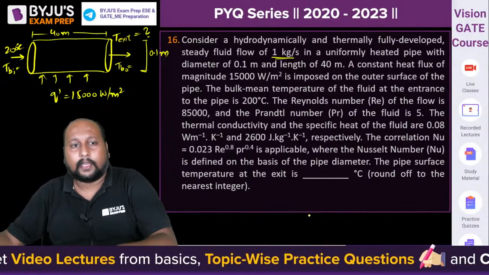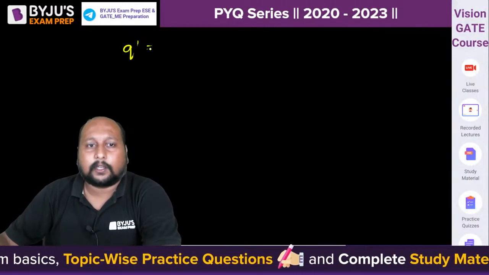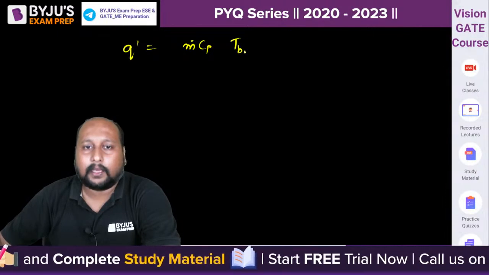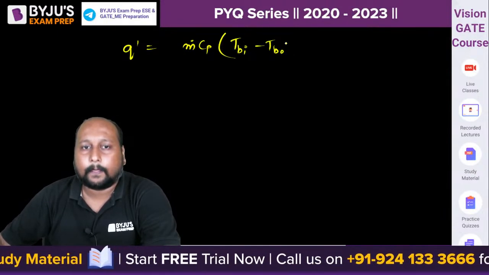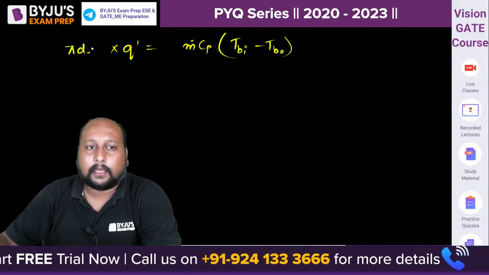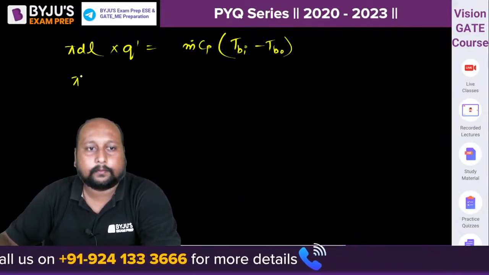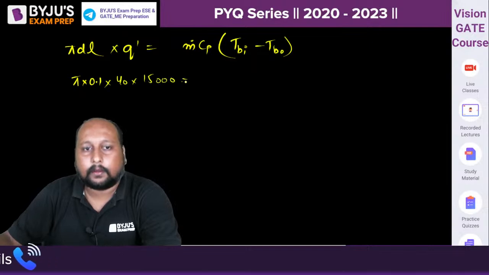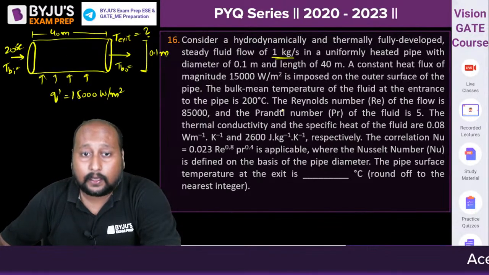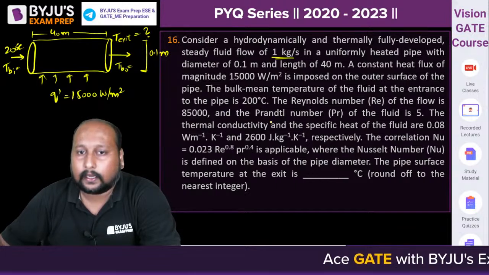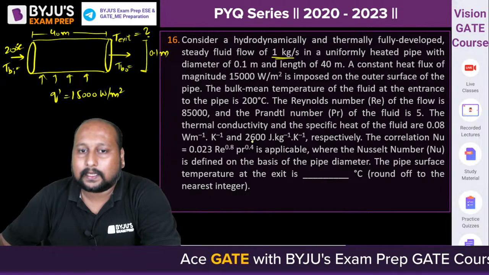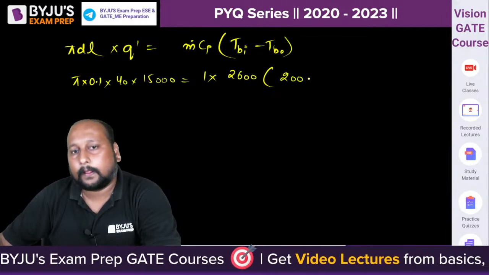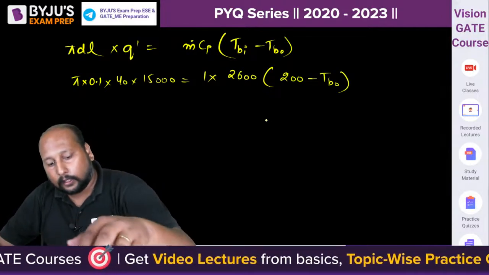So can we say heat flux is equal to m dot Cp into the bulk outlet temperature minus the bulk inlet temperature, into the area, that is pi d L. So pi into d is 0.1, length is 40, this is given as 15,000, mass flow rate is given as 1, Cp is given as 2600, into T_B outlet minus 200.